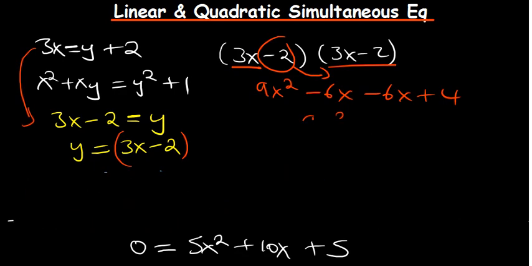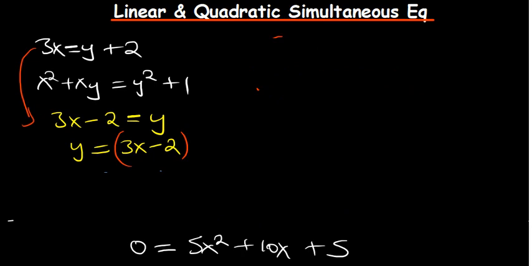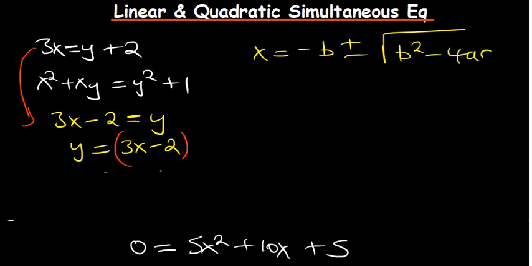So we're going to answer it using the quadratic formula. The more you practice the quadratic formula, the more easily you're able to remember it. x is equal to negative b plus or minus the square root of b squared minus 4ac, over 2a. a is the coefficient of x squared, b the coefficient of x, and c the constant.